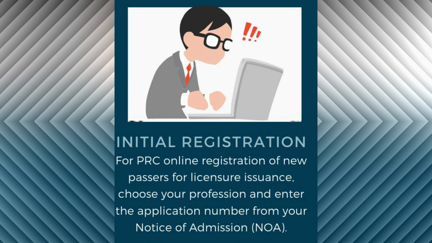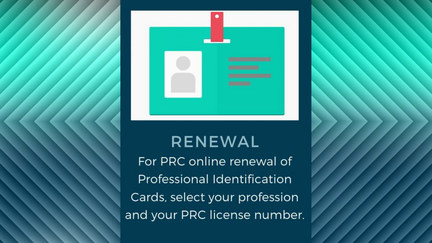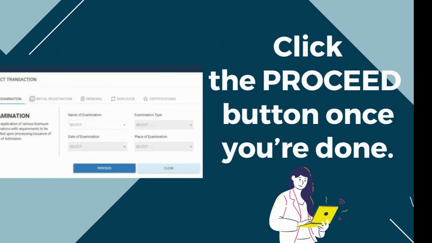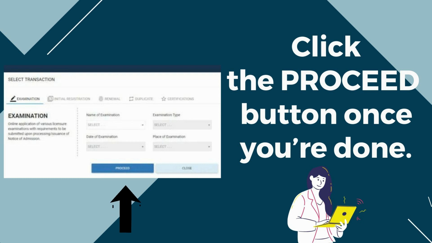For PRC Online registration of new passers for licensure issuance, choose your profession and enter the application number from your Notice of Admission or NOA. Lastly, for PRC Online renewal of professional identification cards, select your profession and your PRC license number. Then click the Proceed button once you're done.